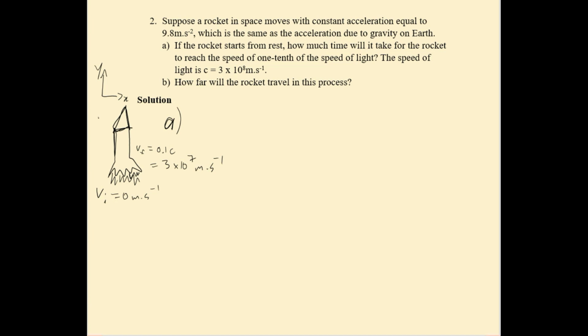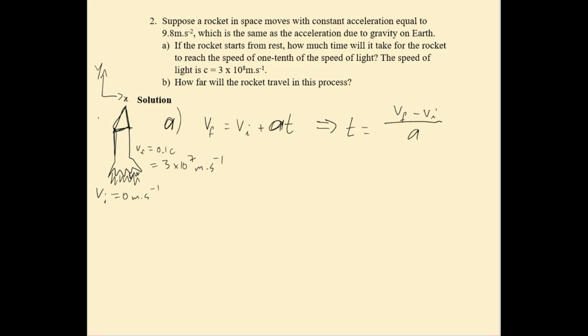So we want time. So the formula we use is the final velocity is equal to the initial velocity plus the acceleration times the time. If we make time the subject of the formula, we get Vf minus Vi all over a.